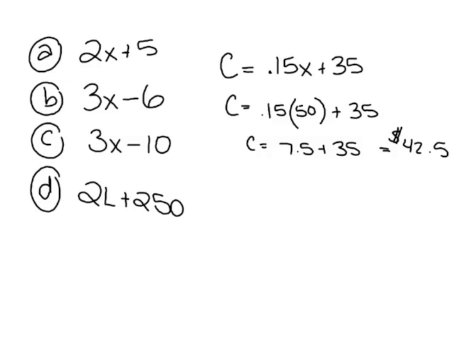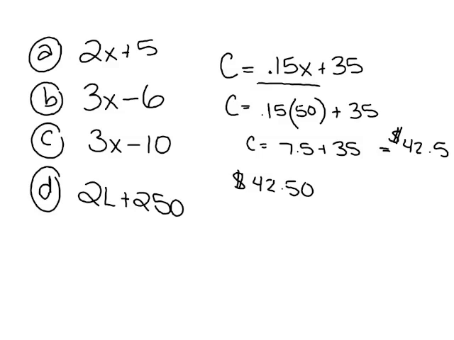Now how do we figure out how much it costs per mile? Remember it said it costs 15 cents a mile. This is a sidetrack, but now if we want to figure out what it actually costs per mile to drive the car, it costs $42.50 to rent the car to drive 50 miles. $42.50 is what I paid, and I drove 50 miles. So how do I do that?